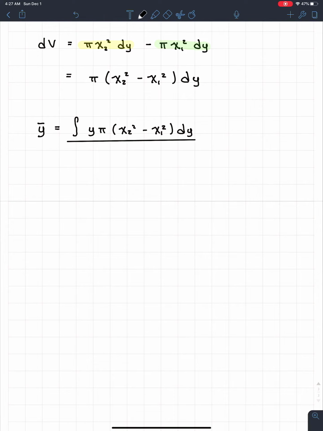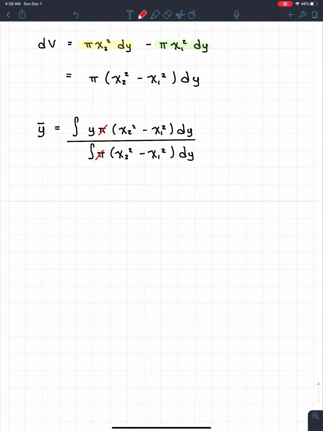All this is divided by the integral of pi times x2 squared minus x1 squared times dy. So far, not too bad. A little bit of magic happens: we have a pi on the top and a pi on the bottom. Those are constants, so they cancel out.